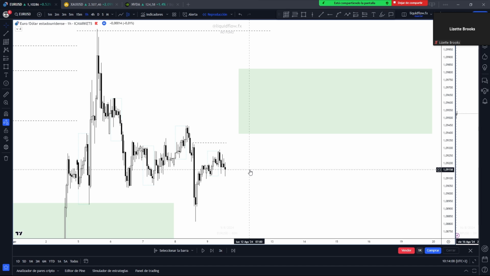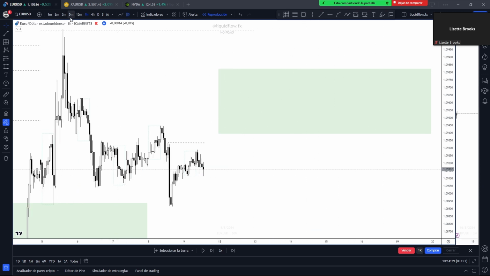Even if it's almost 80%, that is not high probability. You don't need to sell. If daily bias is bullish and you have 1 hour bearish, and 3 minutes for me, bullish, that's not a high probability trade. So you don't need to go in.